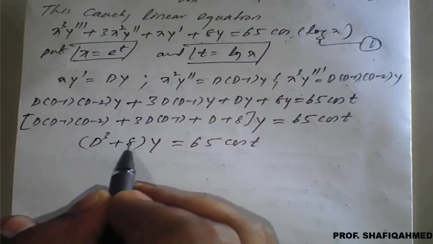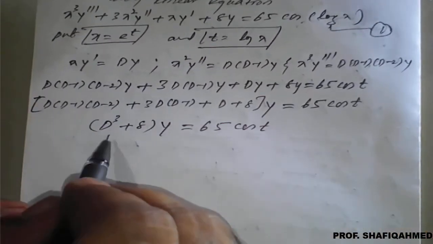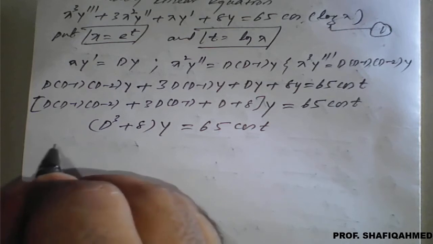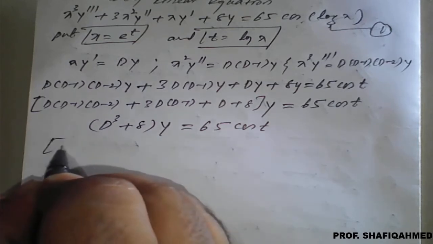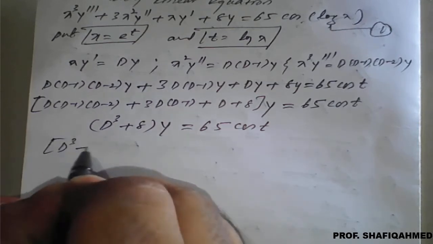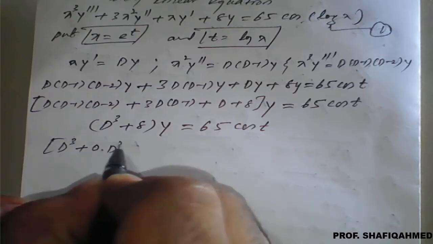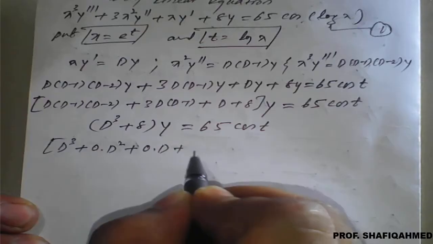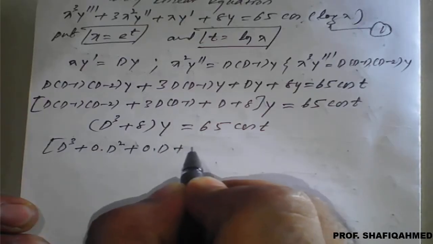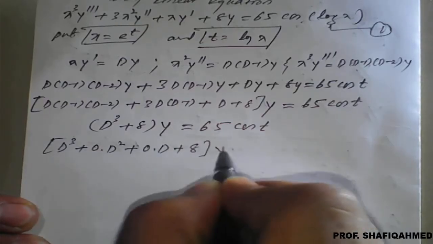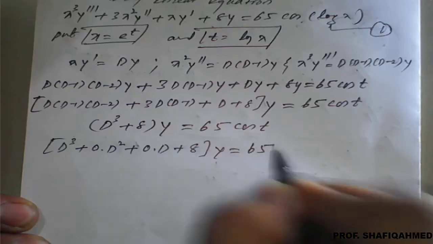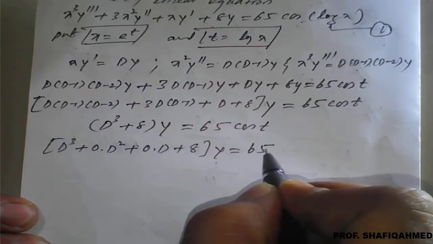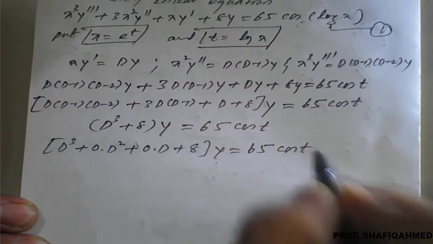So this D cube plus 8, I will rewrite it to apply in the calculator. It will be D cube plus 0 into D square plus 0 into D plus constant 8 of y is equal to 65 cos of t.